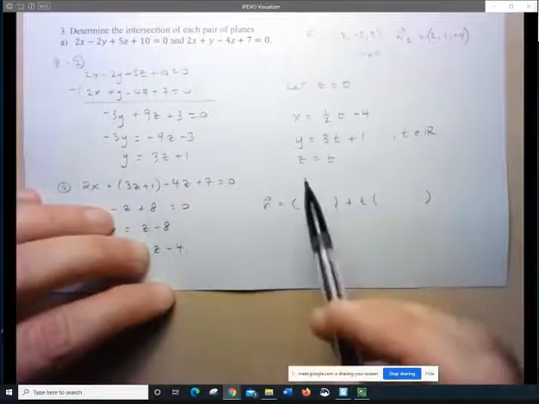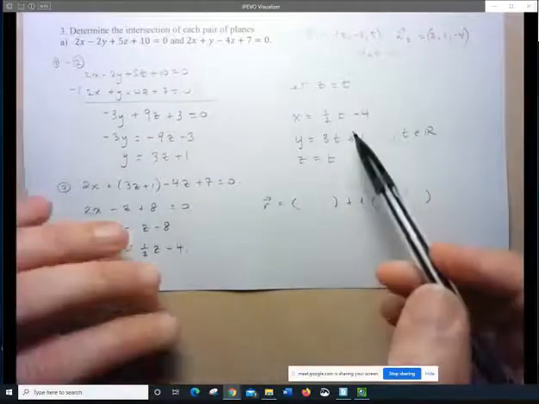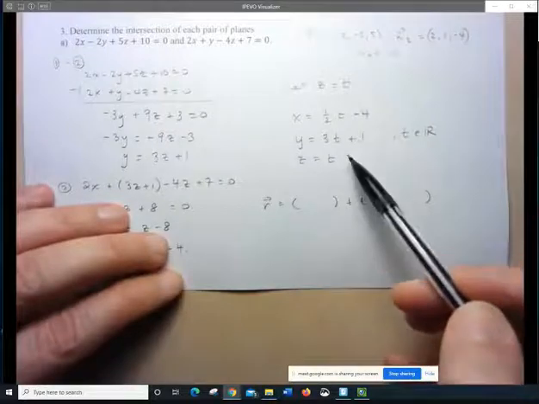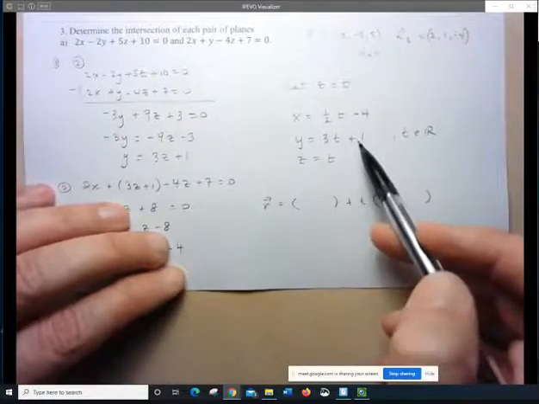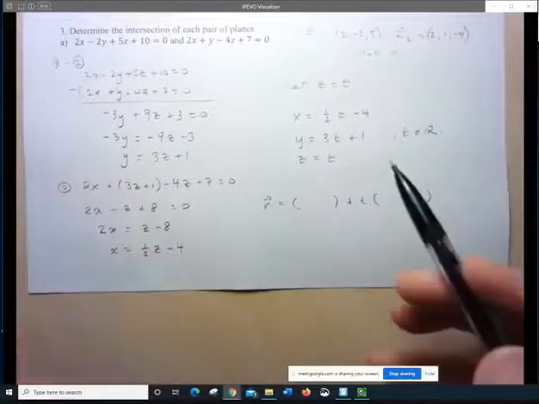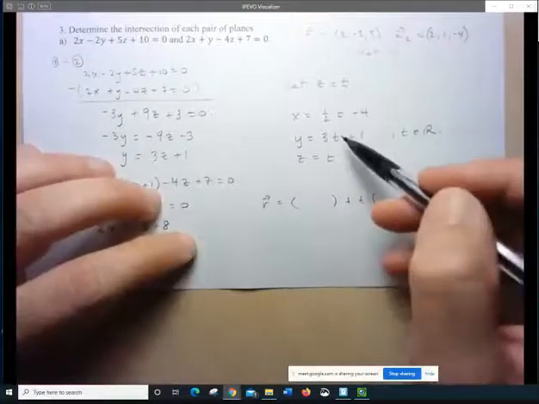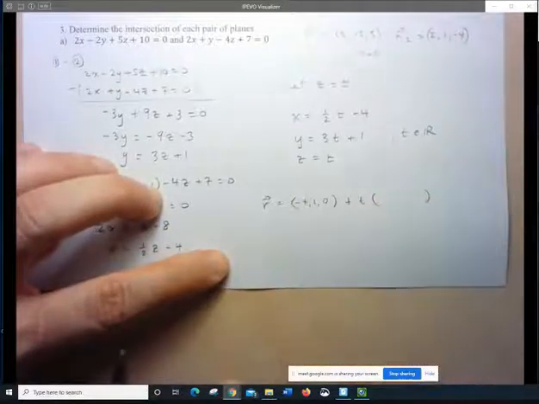Remember, the point is just given by the constant terms in these equations. -4, 1, and there's no constant term for z, so 0. So I don't even have to think of it that way. I should just be able to look and see that -4, 1, 0 is a point.